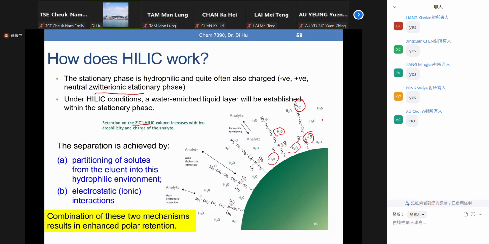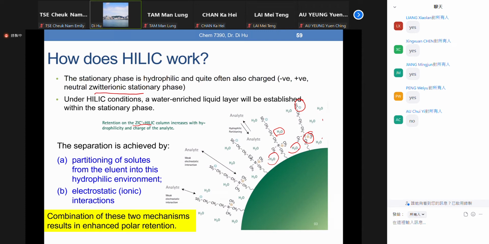So separation is achieved by the combination of two mechanisms: the electrostatic interaction, particularly for those ions, and partition of the polar analyte from the mobile phase into the hydrophilic environment.